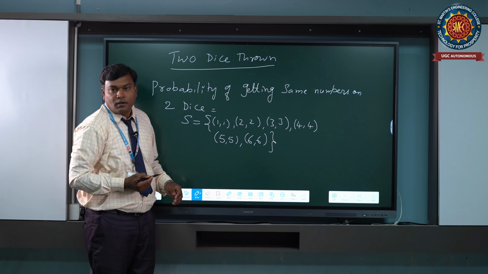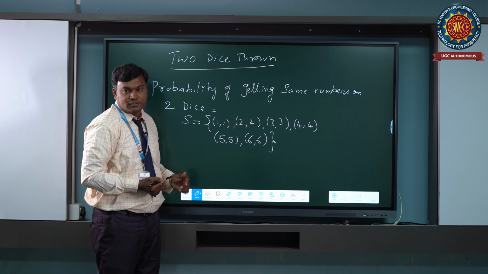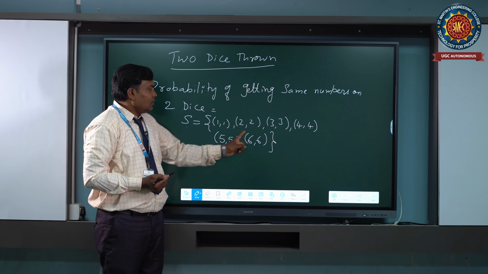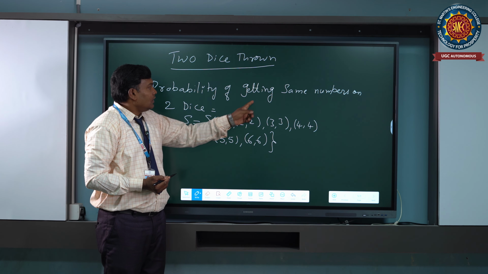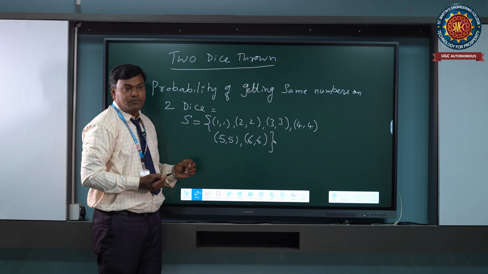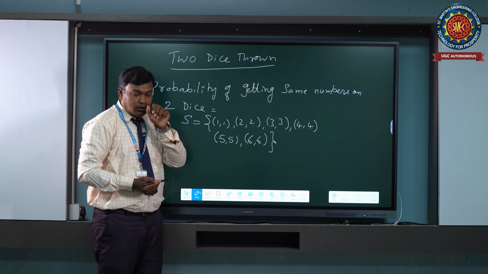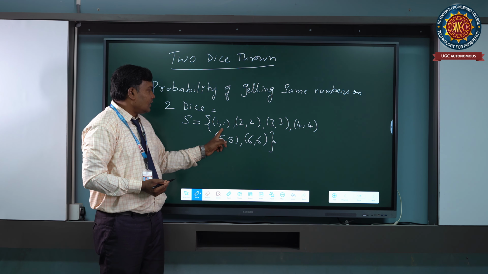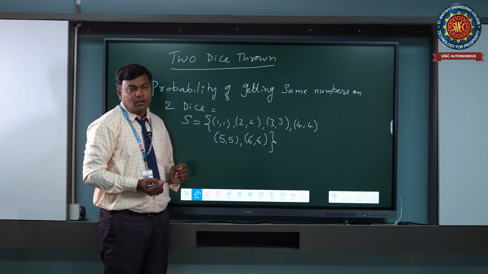Okay, these are the possible outcomes of throwing 2 dice, an experiment. Here S is a sample space, right? These are all possible outcomes. What is the possibility here? Getting the same number on 2 dice. If you throw 2 dice, the 2 dice should show the same number. So the possible outcomes are 1 comma 1, 2 comma 2, 3 comma 3, 4 comma 4, 5 comma 5, 6 comma 6.